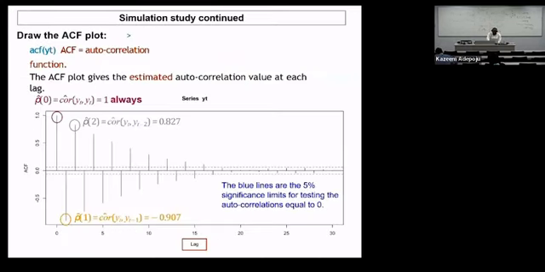Now, how do I get that? What will be the code? Please pay attention. This is the code: acf of YT. Don't forget, you use YT to denote the set of data you generated. You know what acf of YT is going to give you? It will give you an ACF plot.